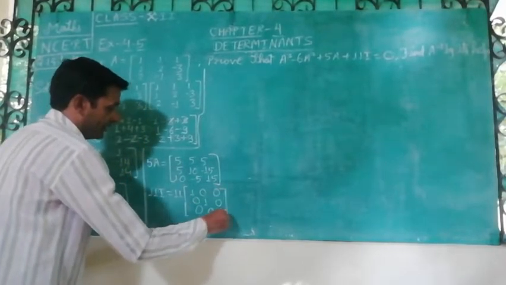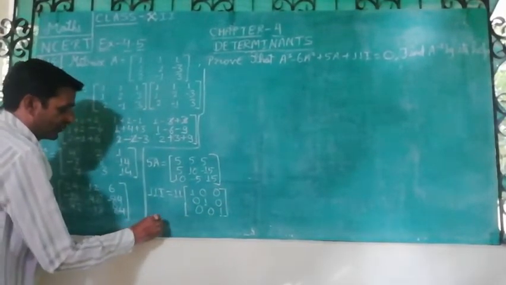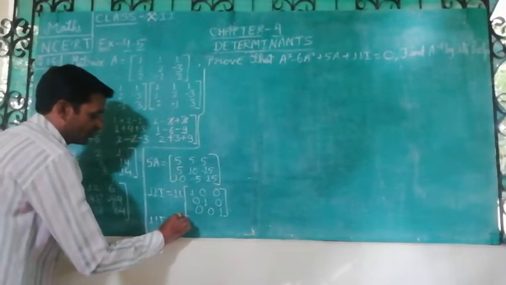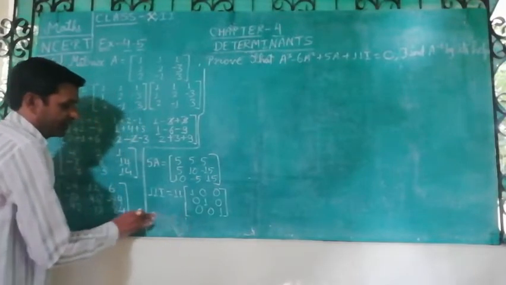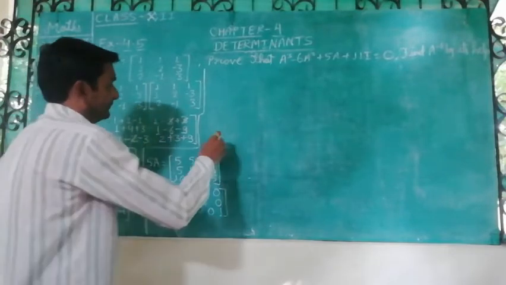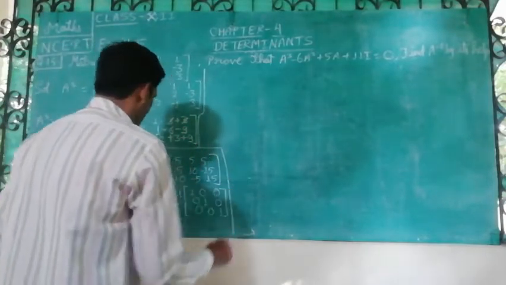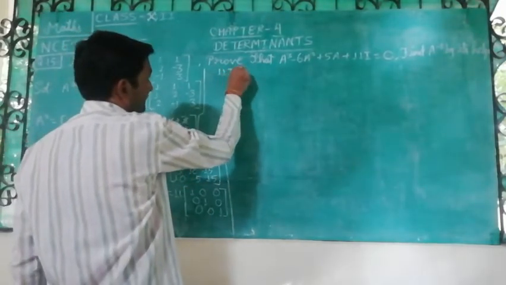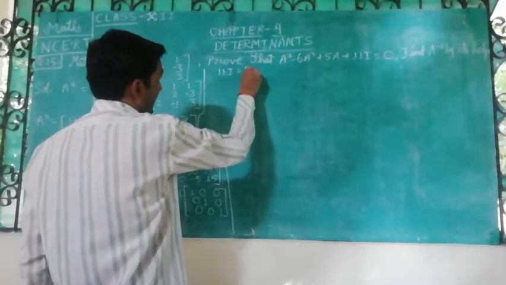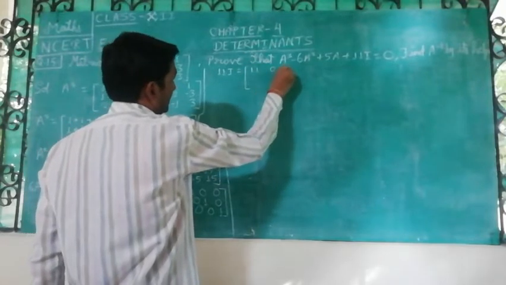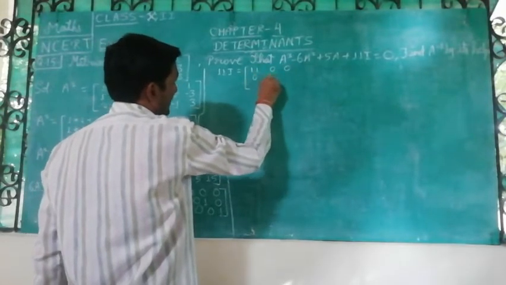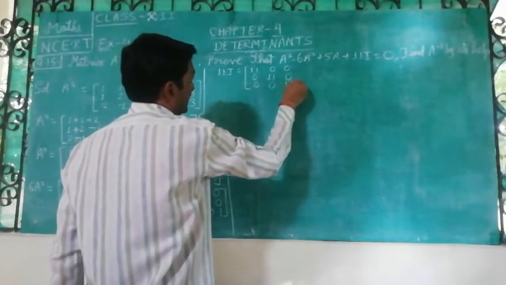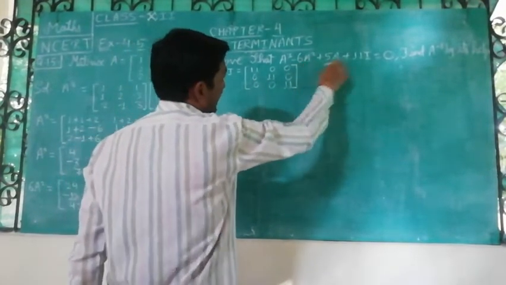So 11I is equal to what? 11 0 0, 0 11 0, and then 0 0 11. So these three we have determined.